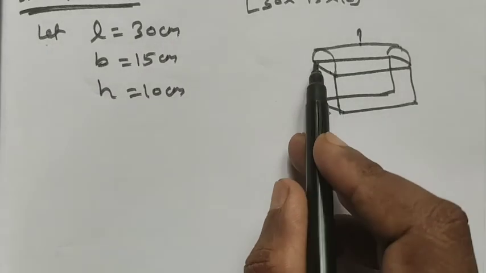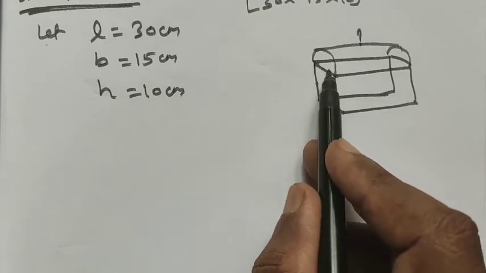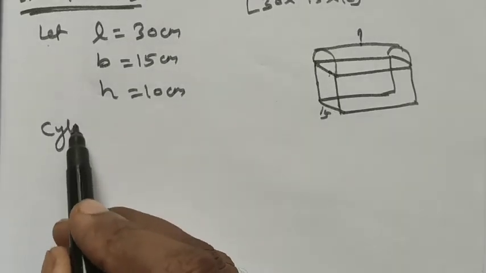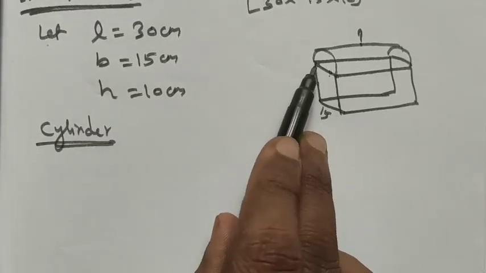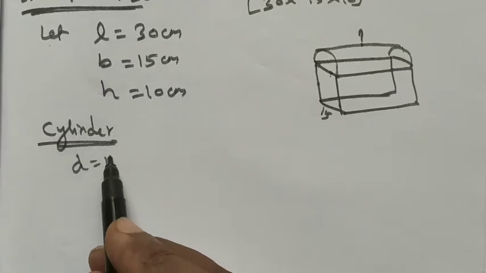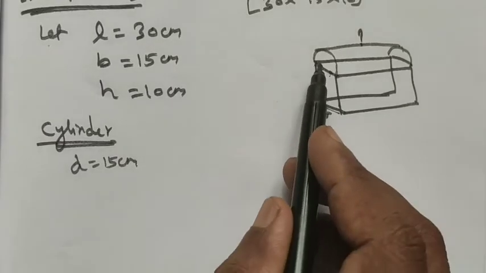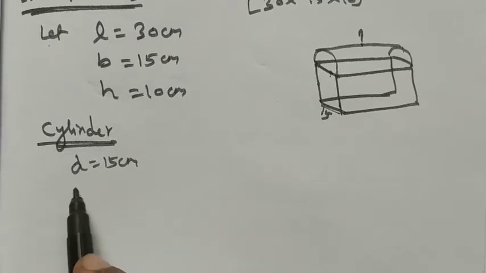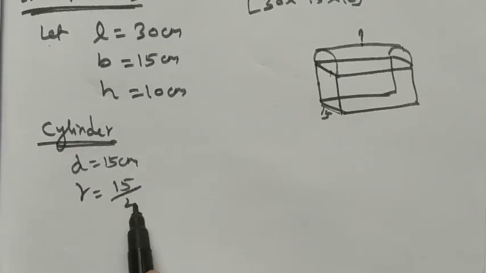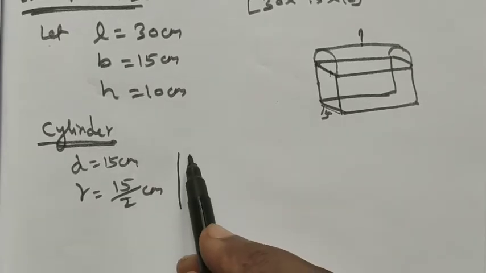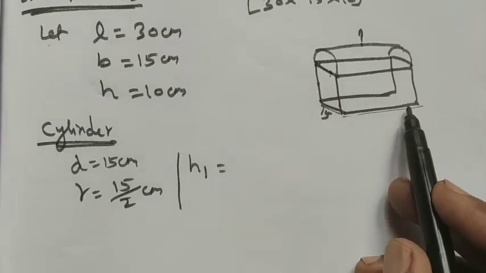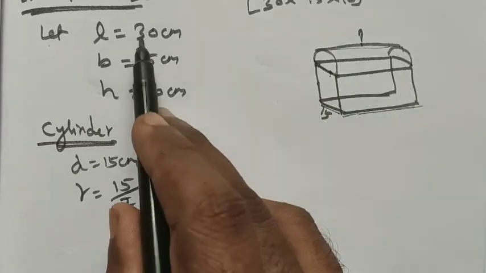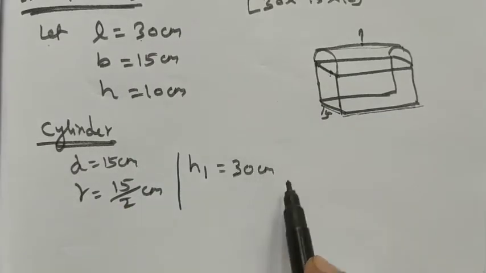This breadth is nothing but the diameter of the cylinder. For the cylinder, here half of the portion only, we have the diameter d equal to 15 centimeter. Then the radius is half of the diameter, that is 15 divided by 2, or 7.5. And the height, let me take it as h1, is nothing but this length, that is 30 centimeter.